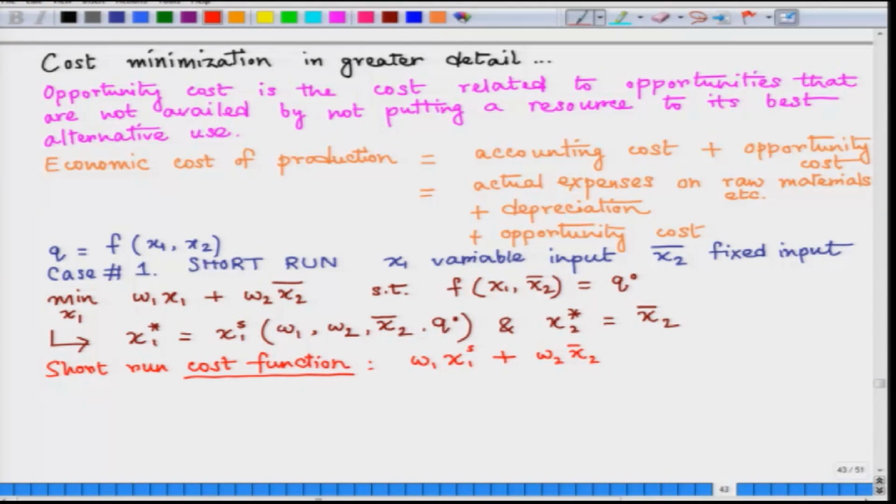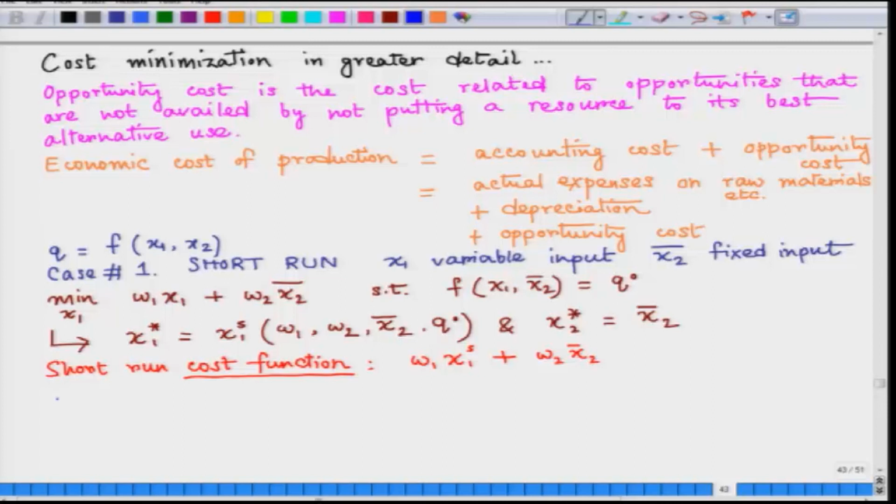Now let us look at the long run cost minimization problem, where input 2 becomes a variable input as well. So now we talk about case 2, long run, where both the inputs are variable.